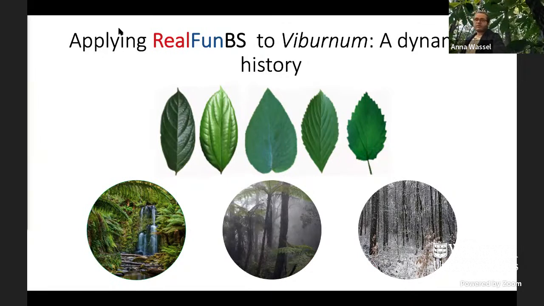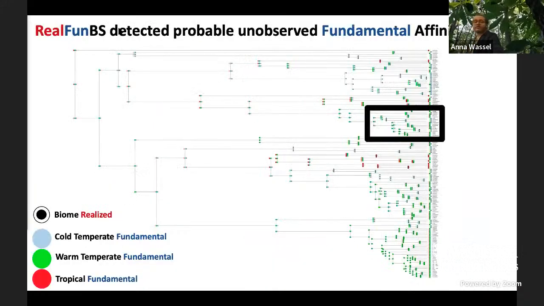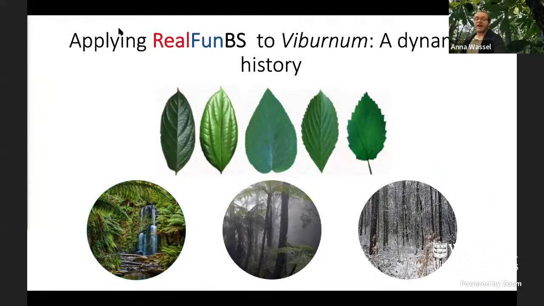But so we're going to show here how we're going to apply RealFunBS to viburnum, a clade with a really dynamic history that has occurred across quite a few different biomes, everything from the tropical rainforest to cloud forest that's like warm temperate, all the way to cold temperate forest. And we'll get to that.